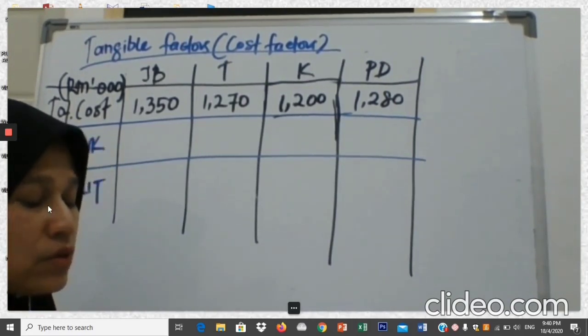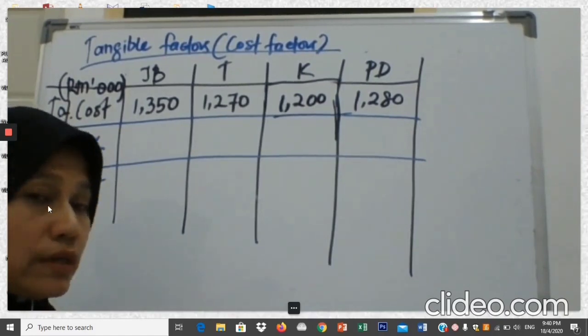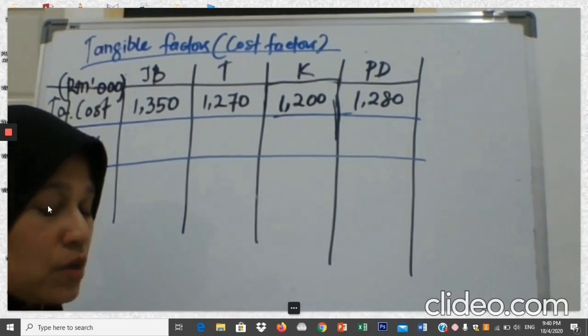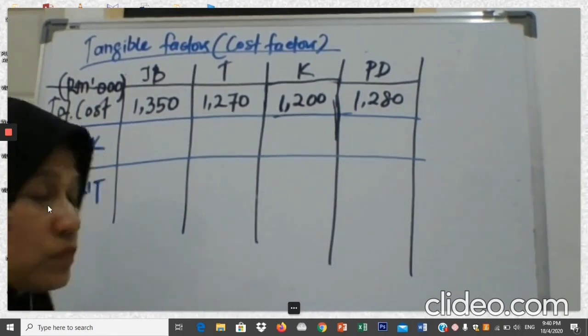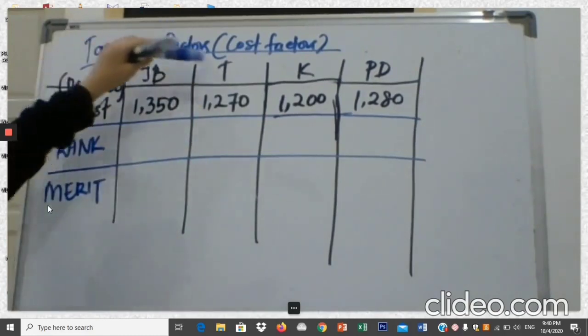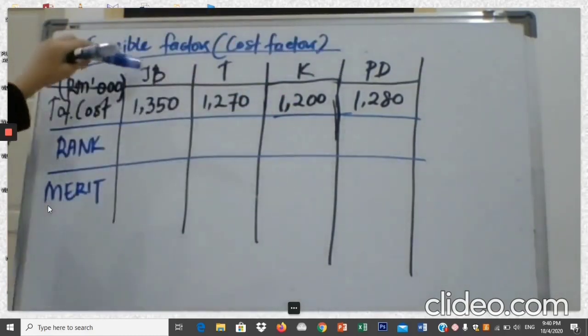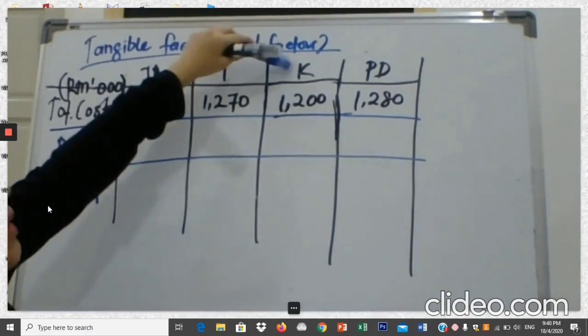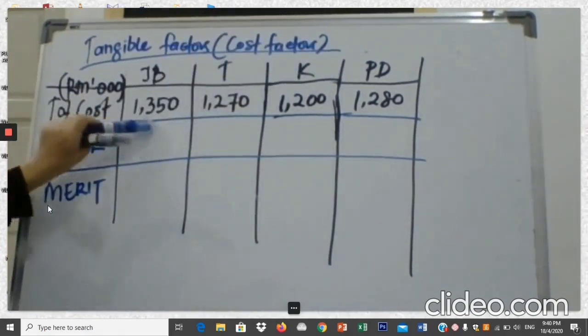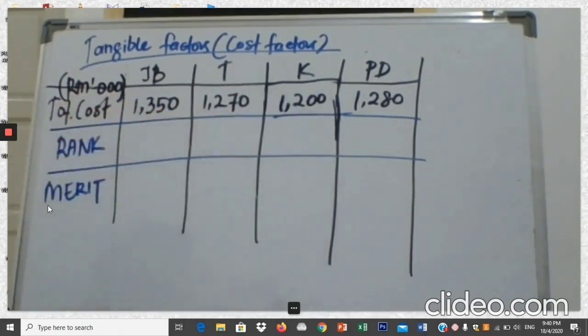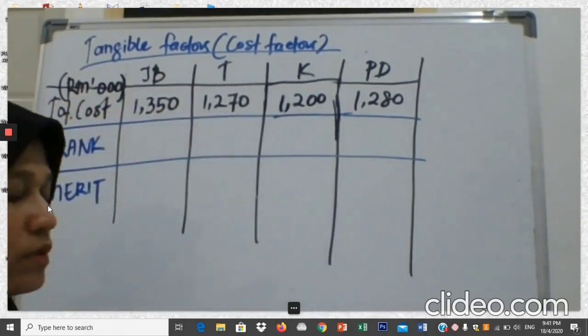You refer to the table for the cost factor or tangible factor. You add up all the costs. Tambahkan saja semua kos yang diberi. For Johor Bahru, Tapah, Kelang and Port Dickson, I have simplified the names: JB, Tapah, Kelang and Port Dickson. We only add up the total cost given.